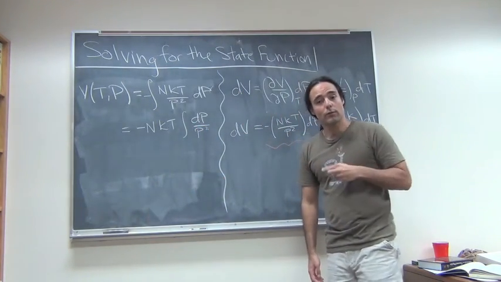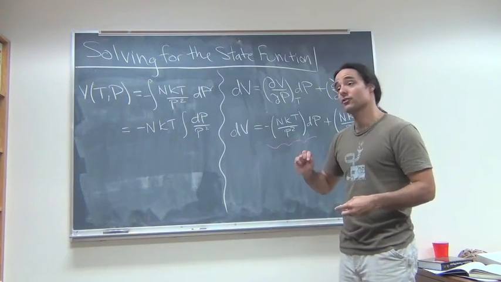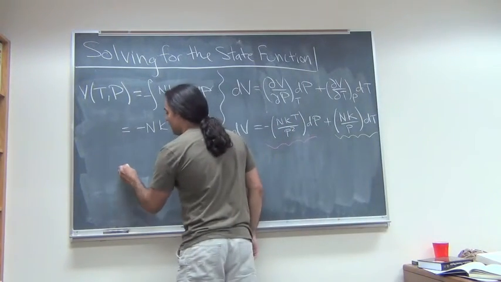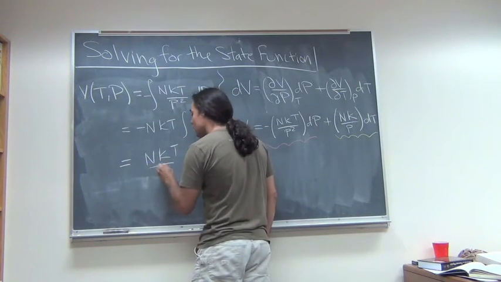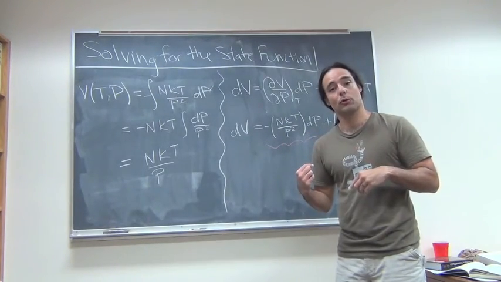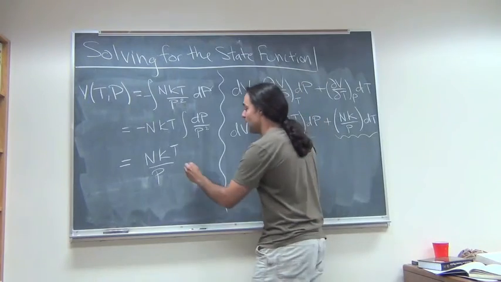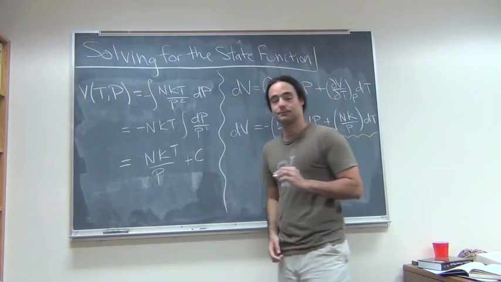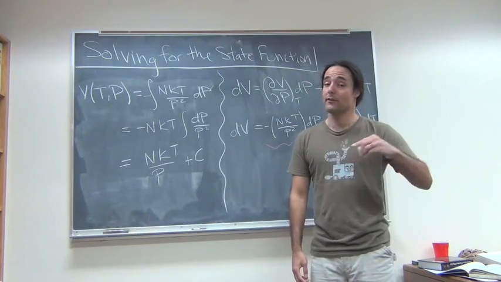The integral of 1 over P squared is just 1 over P with a negative sign, so my negative signs will cancel. This will give me nkT over P. Now I have to be careful here. This is where partial derivatives are different than normal derivatives. Normally you do an integral and you say plus a constant. But the constant here depends on the temperature.